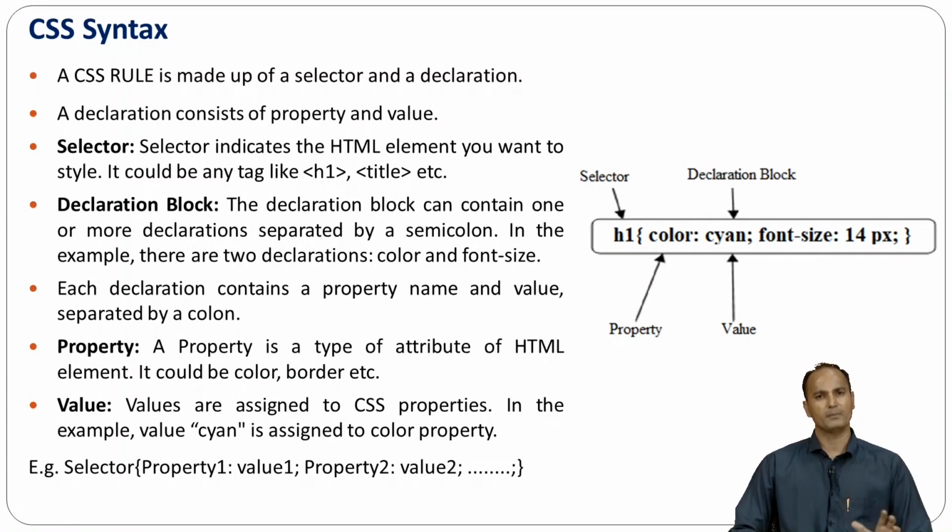A property may be a color, may be a font, anything for the particular element or selector, and the corresponding values will be provided for that property to make a page or the content more attractive and effective. So this is what the syntax of CSS rules is. A CSS rule is simply a selector with its property and value, in simple words.